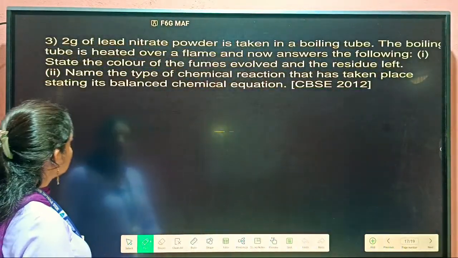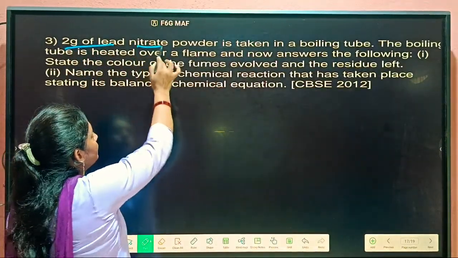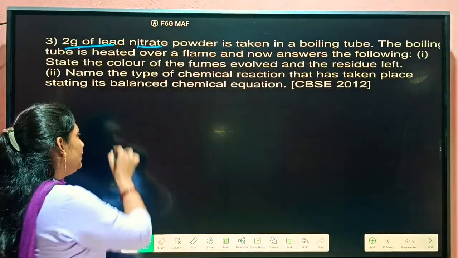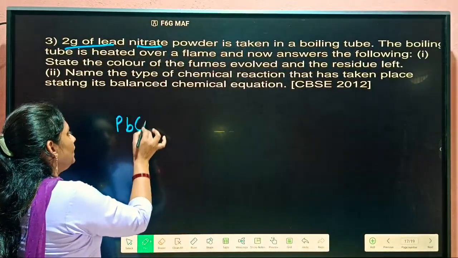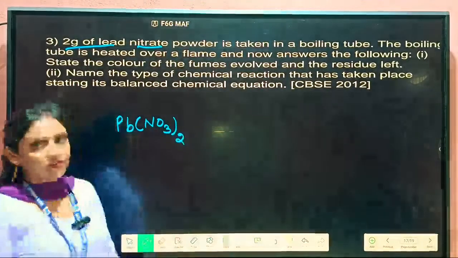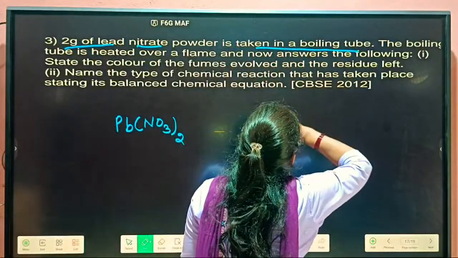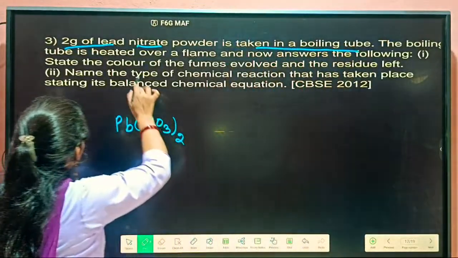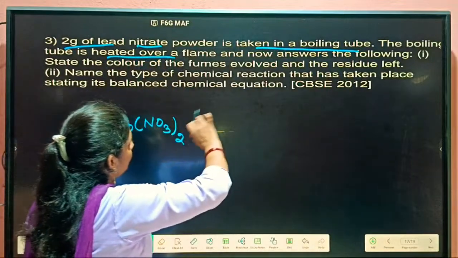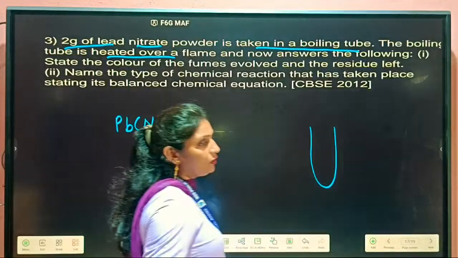Then see the next question, students. 2 gram of lead nitrate. Lead nitrate is Pb(NO3)2. This is lead nitrate, students. Powder is taken in a boiling tube. The boiling tube is heated over a flame. Students, here we are having a boiling tube.